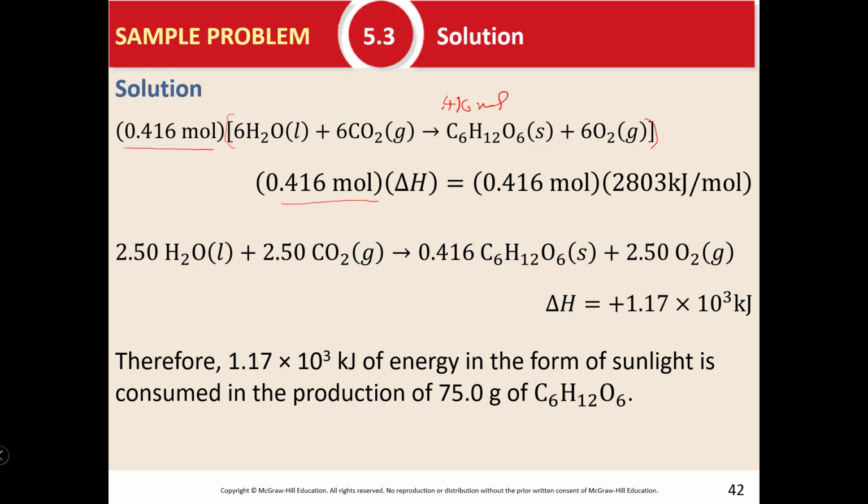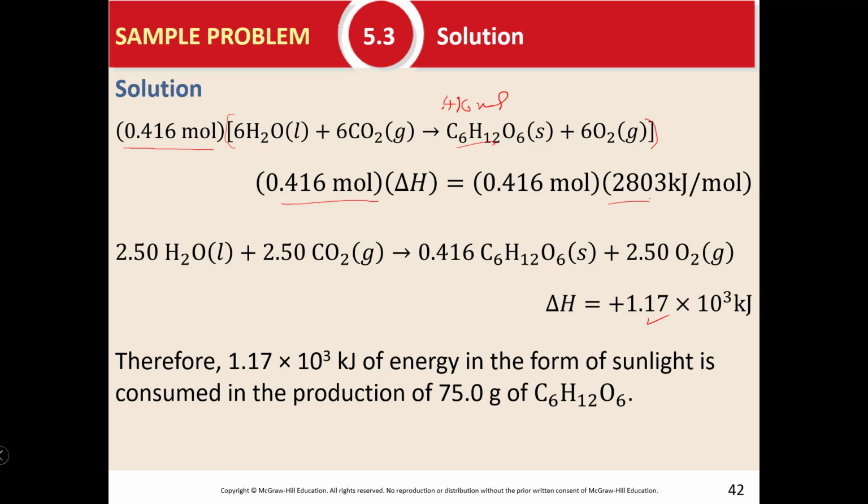So 0.416 times, it's a 1-to-1 ratio, right? So for every 1 mole of this formed, this much energy is required. And so 0.416 moles times 2,803 kilojoules per mole gives us this much energy. All right, let me just make sure that's correct.